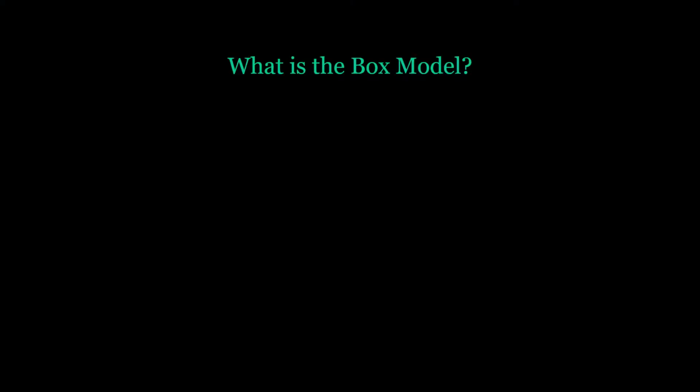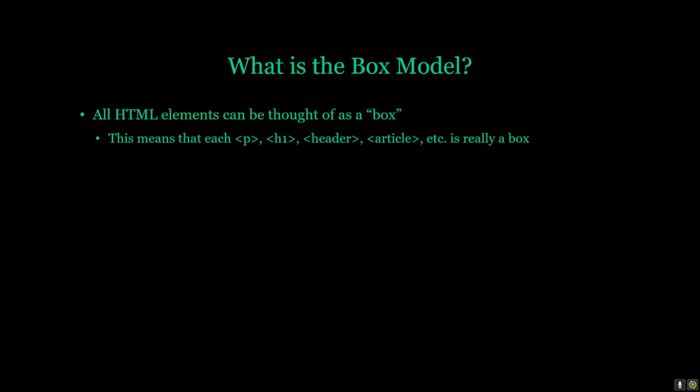So what is the box model? All HTML elements can be thought of as a box. So that means that each paragraph tag or H1 tag or header or article or whichever elements or tags that you're using can really be thought of as a box, either square or usually a rectangle of some sort. And each one of those boxes contains something.